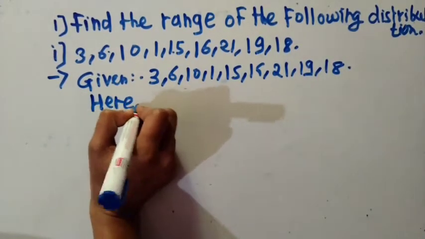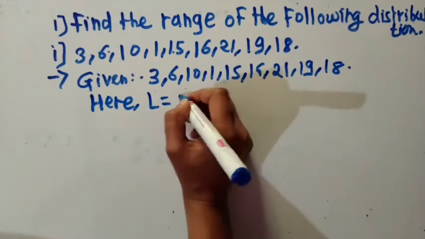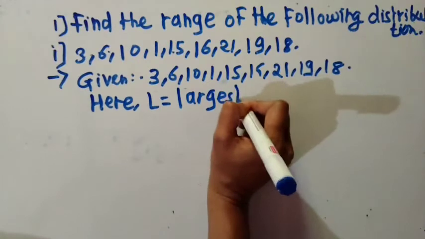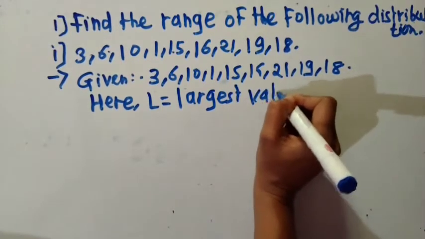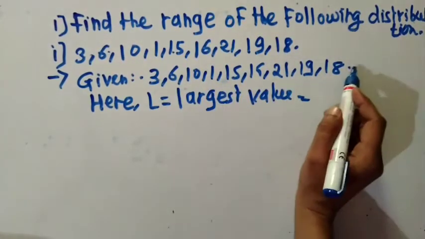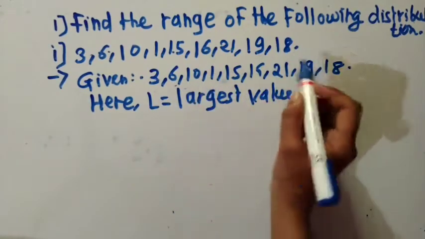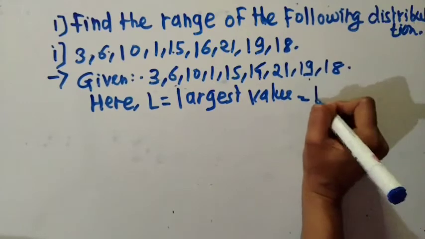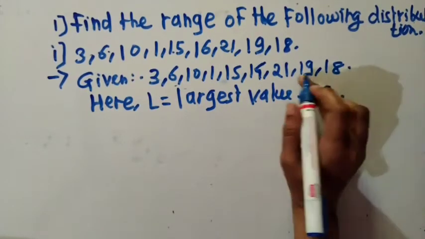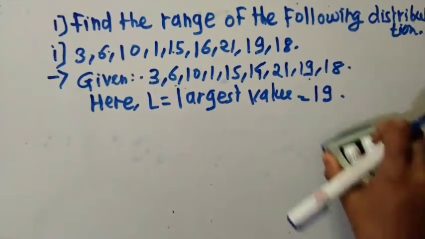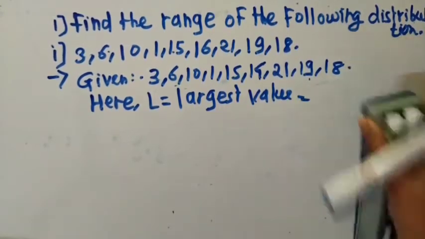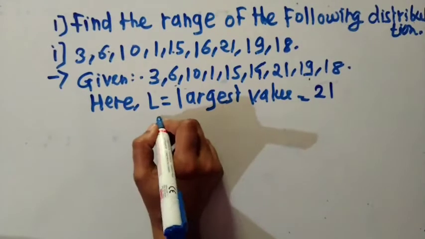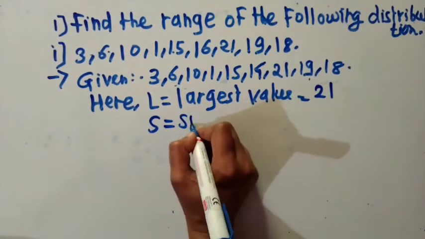Here L is the largest value. यामध्ये लार्जेस्ट व्हॅल्यू कोणती आहे तर largest value is 19. Sorry, largest value is 21. Largest value is 21 and S is the smallest value.